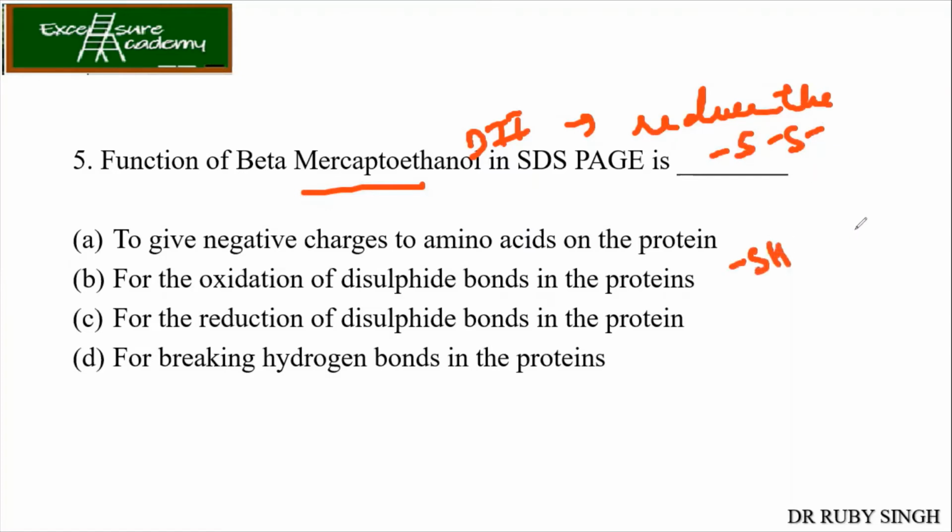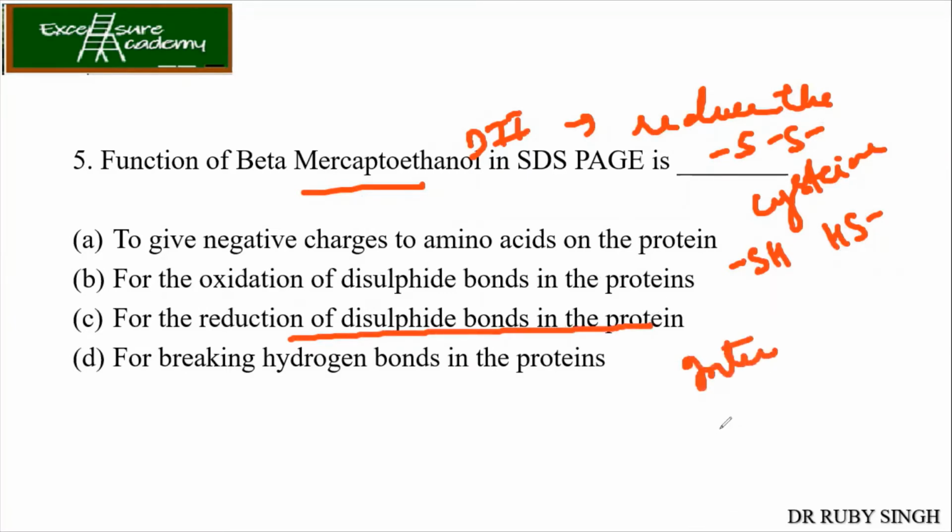It goes back to the thiol group of the cysteine amino acid, correct? So from the options, we know that the function of beta mercaptoethanol in SDS-PAGE is to reduce the disulfide bonds in the protein. Wherever the disulfide bonds are, let it be interdisulfide bond or intradisulfide bond, both will be reduced with the help of BME.